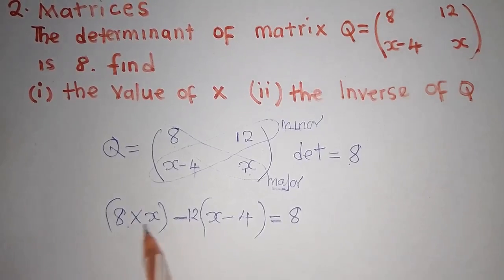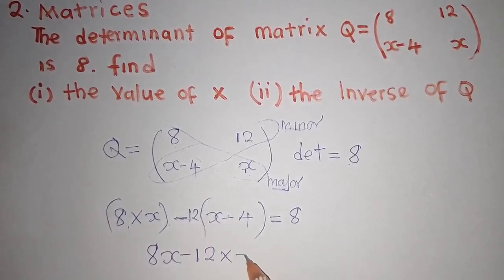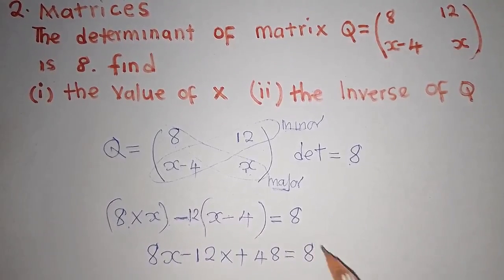So when you multiply here, you get 8x. Then minus 12x. Then negative times negative, you get positive 48, which is equal to 8.